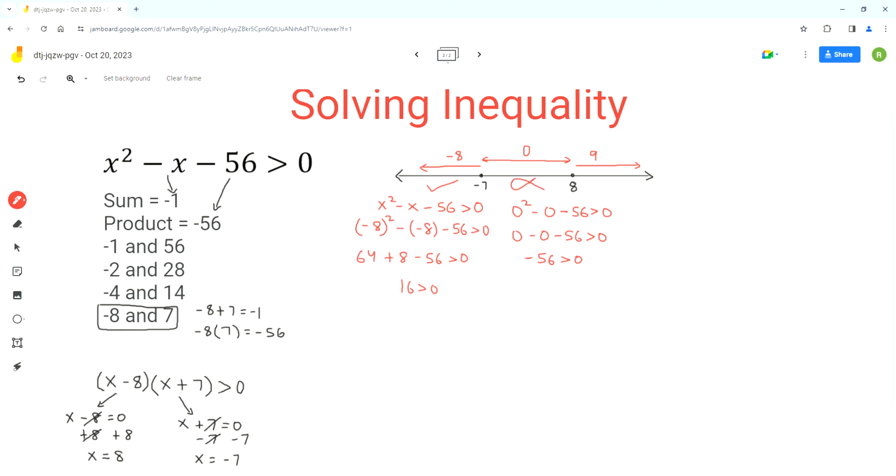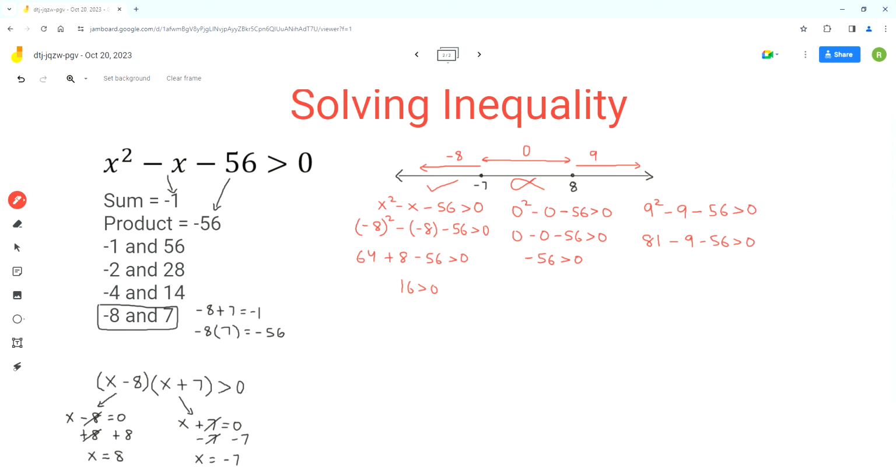Now we can do the test for the right part of the number line. So we'll sub in x as 9. So we get 9 squared minus 9 minus 56 is greater than 0. And then 9 squared is 81, minus 9 minus 56 is greater than 0.